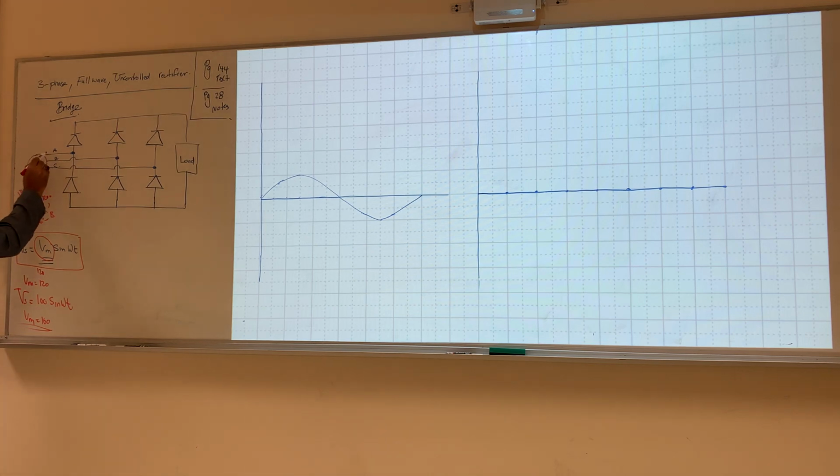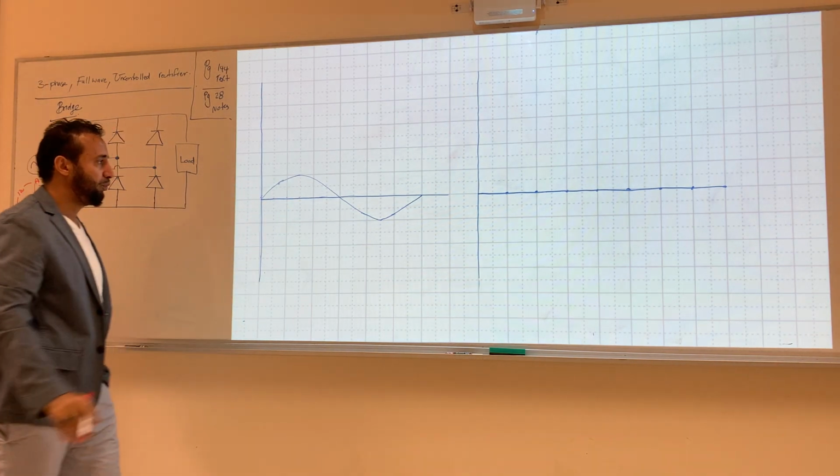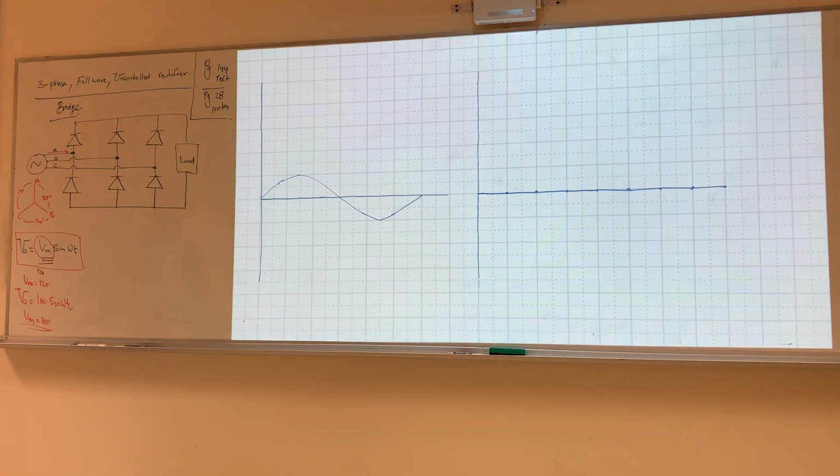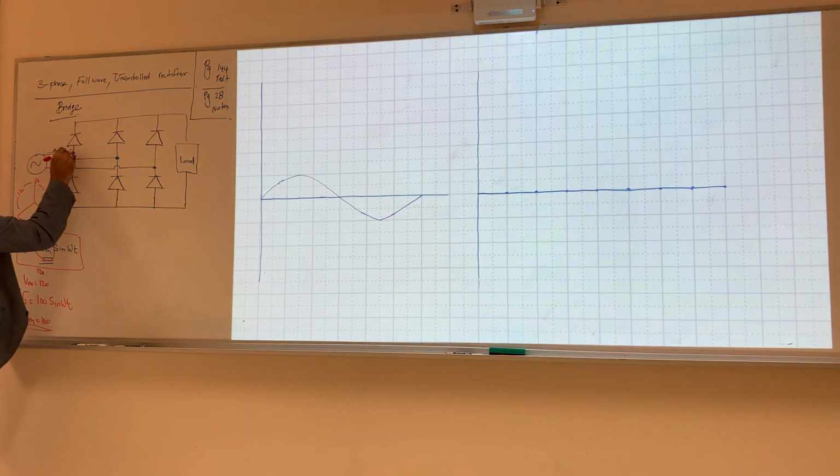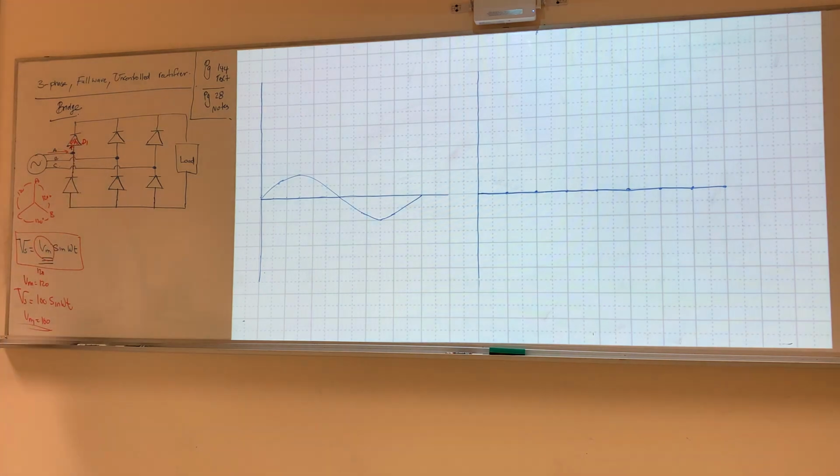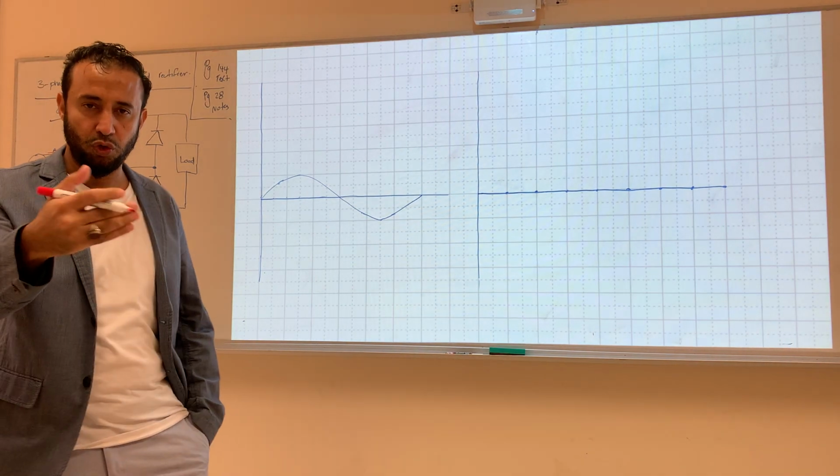Okay, let's follow here. Let's look at A. This one will start from 0, as we know, which is this one here, the blue. And of course, this line right here will be fully charged, so this polarity will be flipped. This will be an open circuit, so the current will go up. This diode right here we will call diode number 1, because we name the diodes according to the sequence.